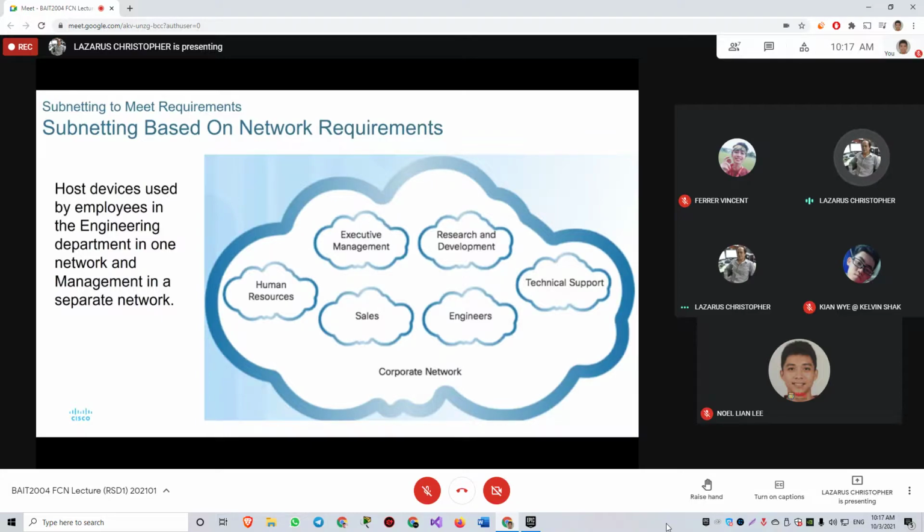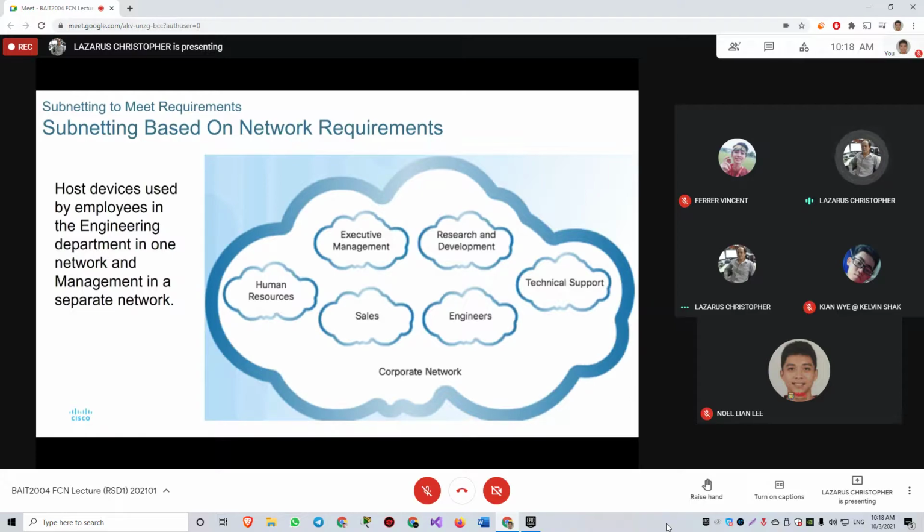With the previous one, we don't look at the host part, because when you create the subnets, all subnets have an equal number of host addresses. Whereas for VLSM, different subnets can have a different number of host addresses. That's why it's variable length. That means each subnet may have a different prefix.